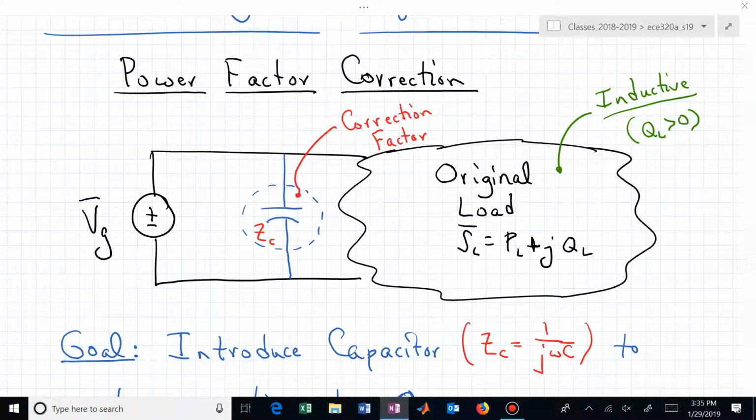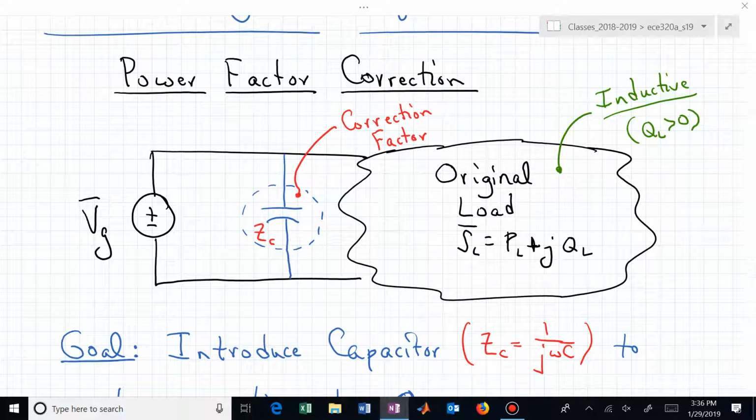To finish up Chapter 10, I want to talk about power factor correction. And this is the schematic diagram of that concept. You have some load that might be described by the real power and its reactive power. Those orthogonal components give you the complex power. Or it might be an impedance that you have.